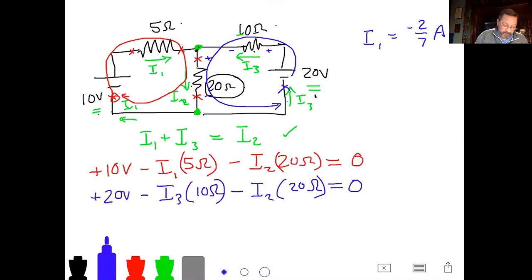Darn. Nope, I'm sorry. It came out right. Plus 2/7. And then I2 is equal to 4/7 of an amp.